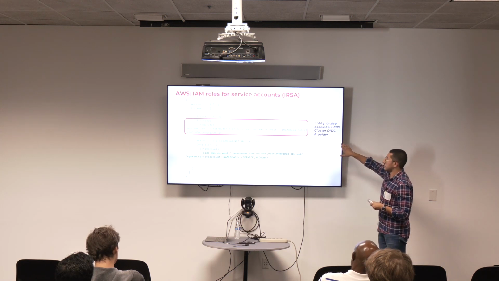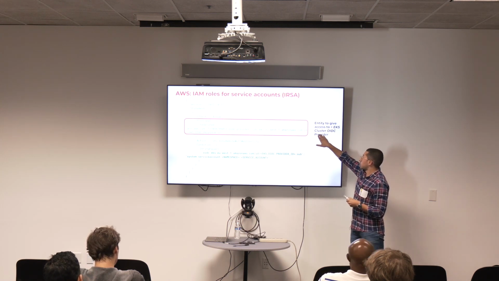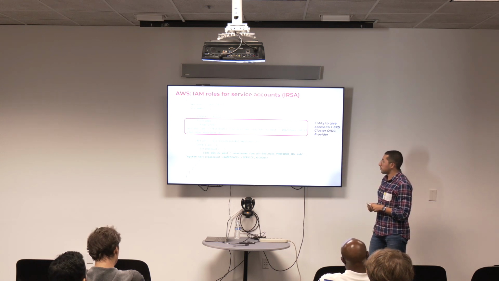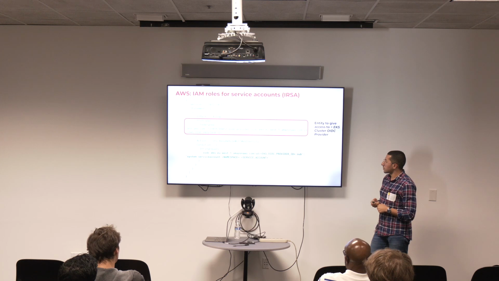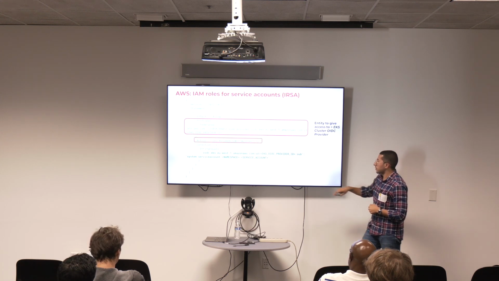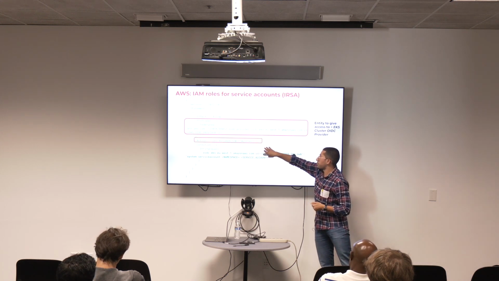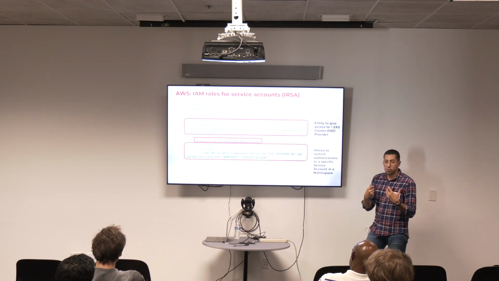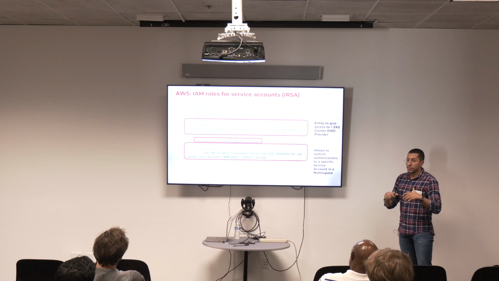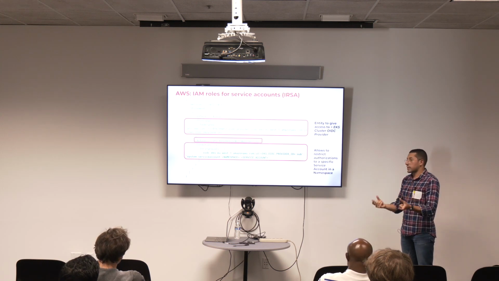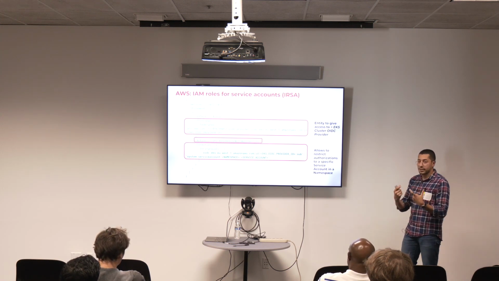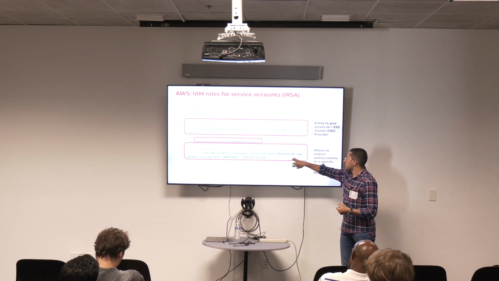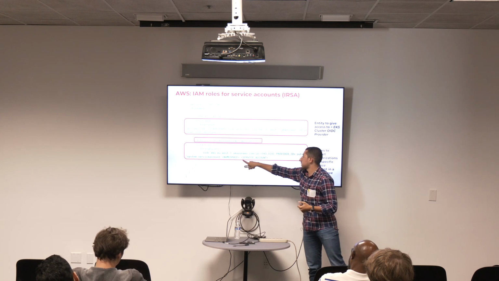In our case, we will set up the cluster OIDC provider, which is set up for our Kubernetes cluster. For the action, we allow the assume role with web identity. And if we want to control that only a specific service account in a specific namespace can assume this role, we can add a condition for that, where we set up the namespace and the service account.